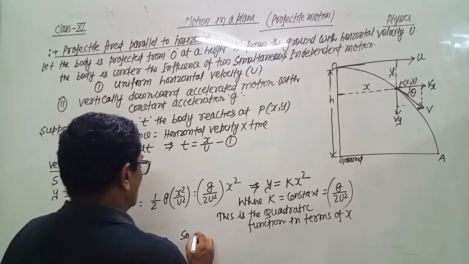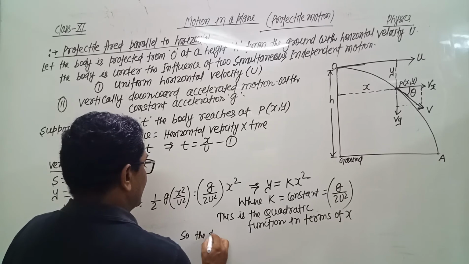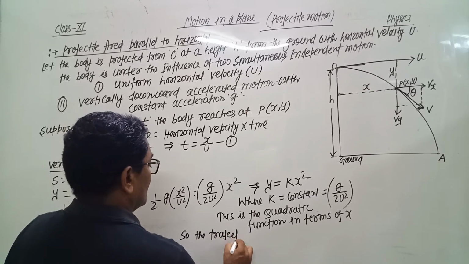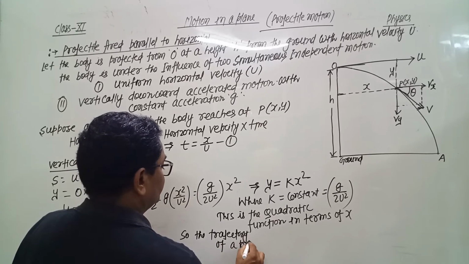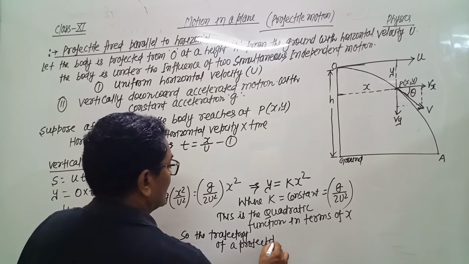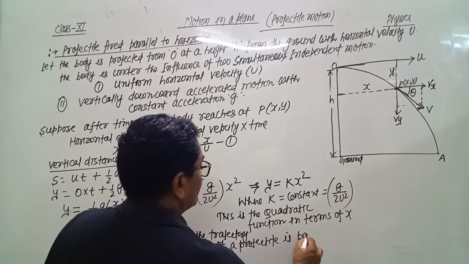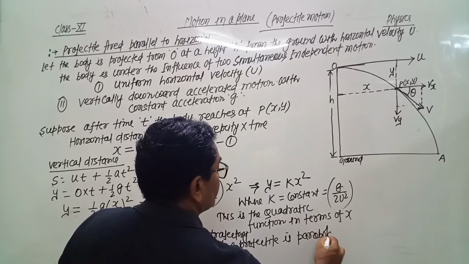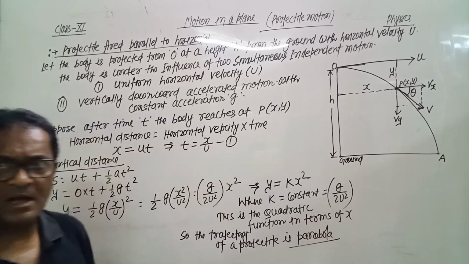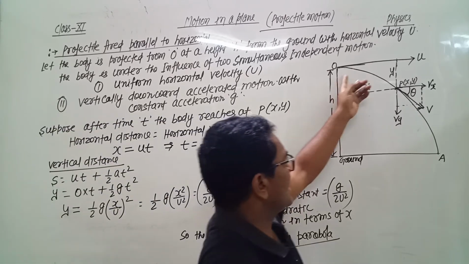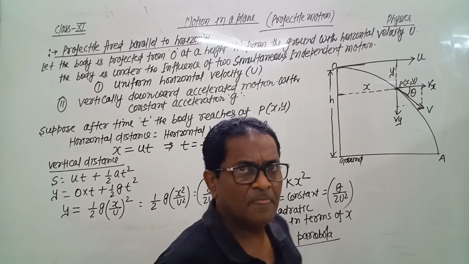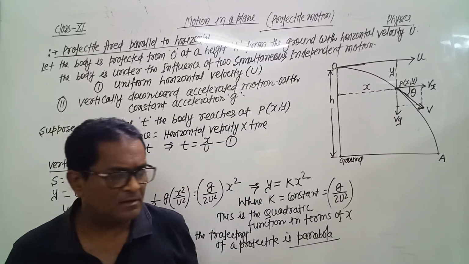So we can conclude that the trajectory of a projectile is a parabola. Means the path covered by a projectile is parabolic. This graph is a parabola and its nature is called parabolic.